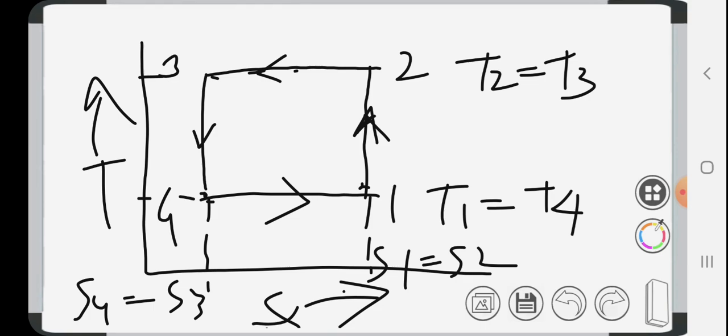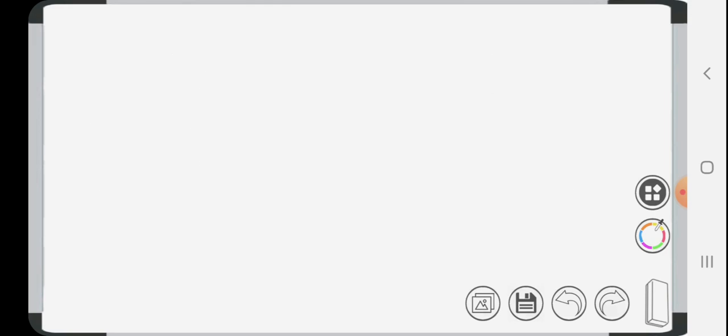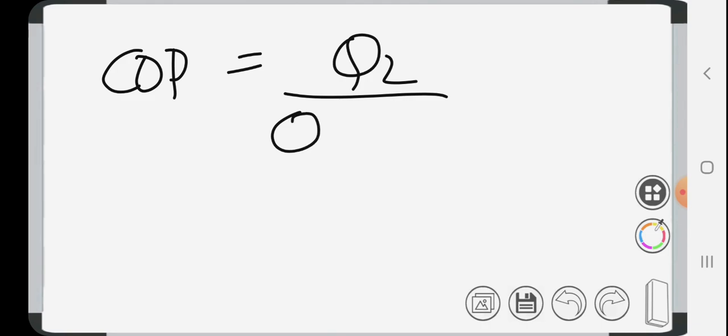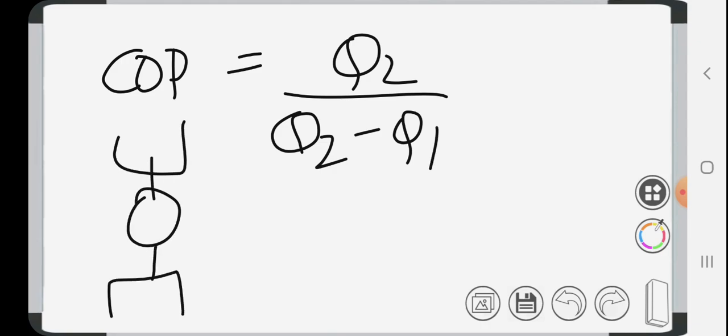Using this diagram, you can calculate the COP. Here Q absorption takes place, here Q rejection. You know COP is nothing but Q2 by Q2 minus Q1.